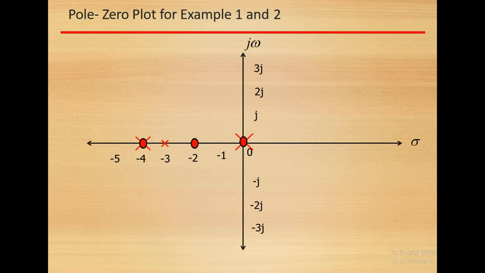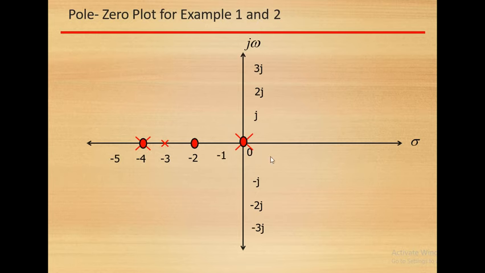In the previous example we did not have imaginary values, only real values, so that's why this plane represents only real values. We will see examples based on imaginary values as well as real values.